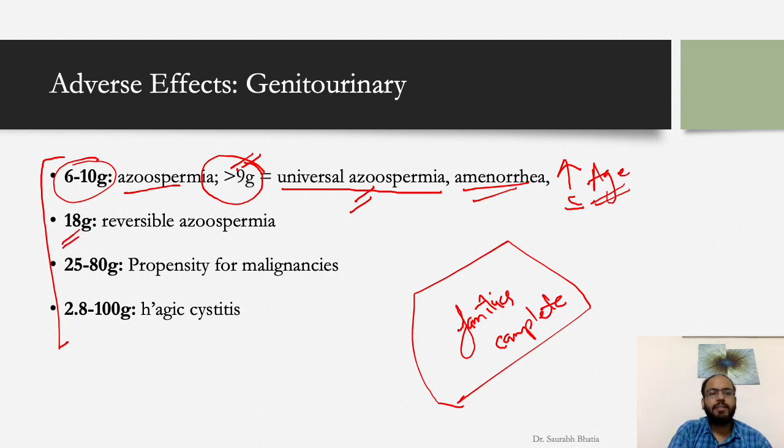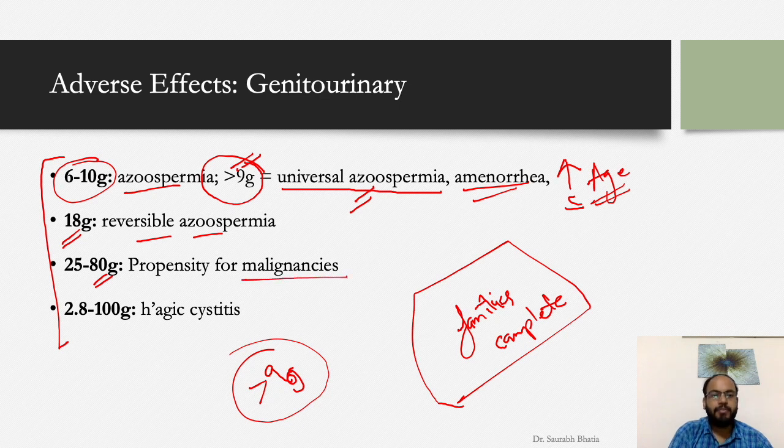Now, some articles mention 18 gram to cause reversible azoospermia, but more than 9 gram is a good dose to remember and answer in Viva. A cumulative dose of 25 to 80 grams has increased propensity for various malignancies, and the 2.8 to 100 gram range has been associated with hemorrhagic cystitis. Out of this, more than 9 gram is one number that you should remember, and also remember that increased age is a very important risk factor for developing amenorrhea in female patients.